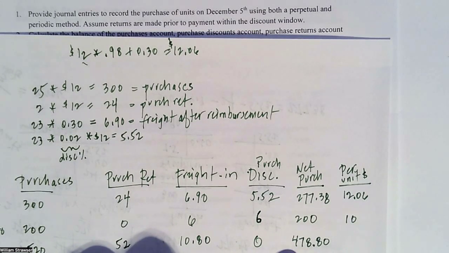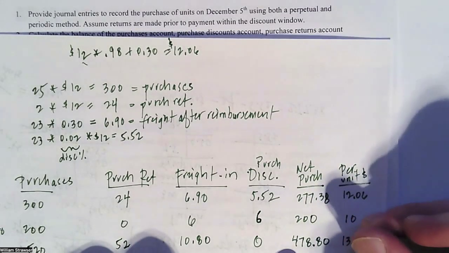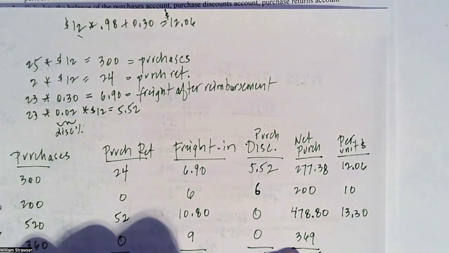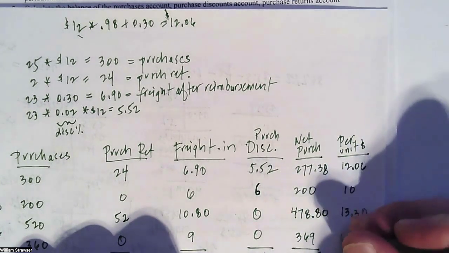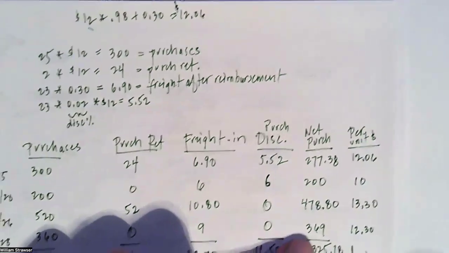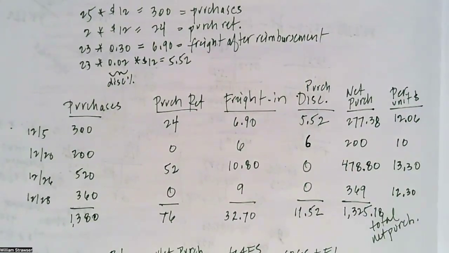So divide 478.80 by 36. That's $13.30 per unit. And then 369 divided by the 30 units gives me $12.30 a unit. So I can get the per unit prices from all of these. That will help me when I'm assigning my units a cost by a cost flow method.